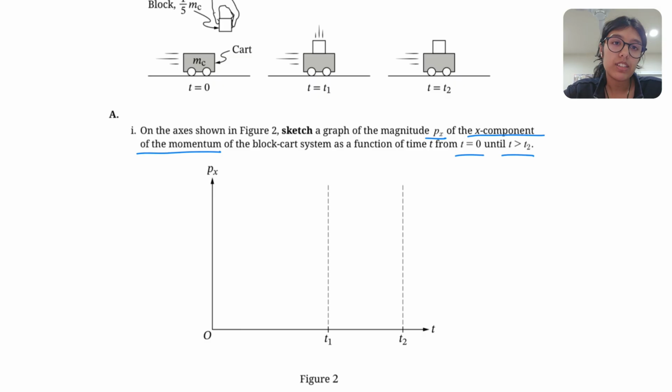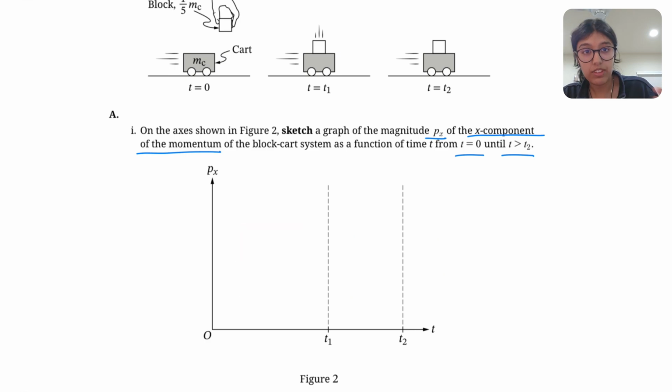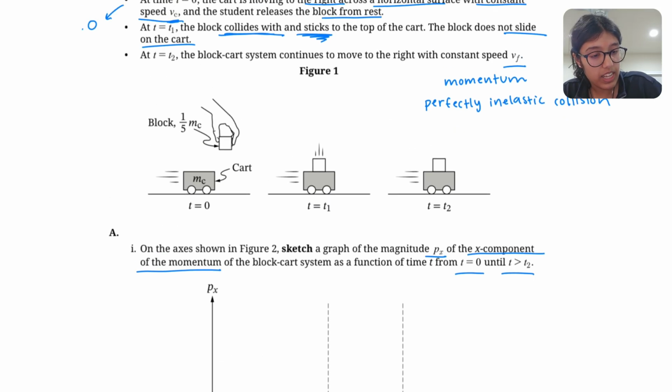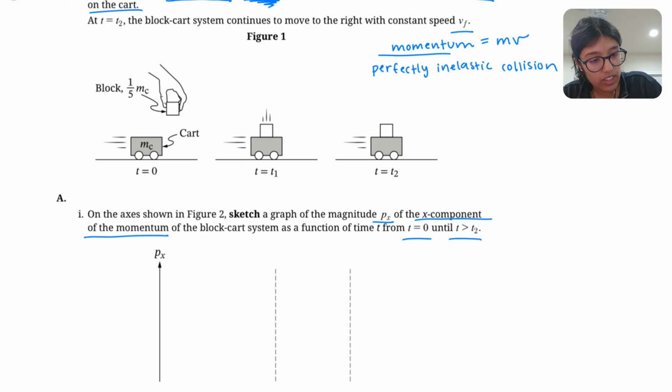All right. Basically, what this question is asking us to do is just plot the x component of the momentum for each of these different time frames. All right. So let's start with the first time frame, which is between 0 and t1. I know that momentum right off the bat is equal to mass times velocity. So let me just scroll this up. So we're definitely going to be using this equation.